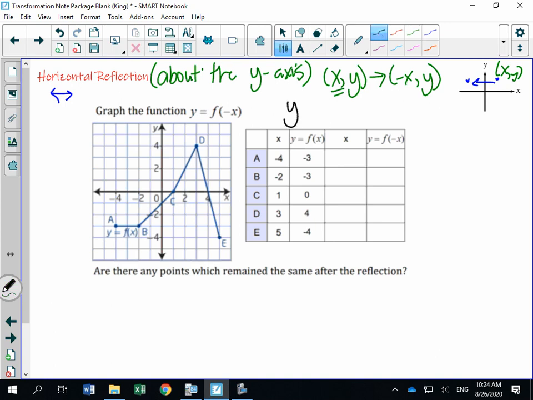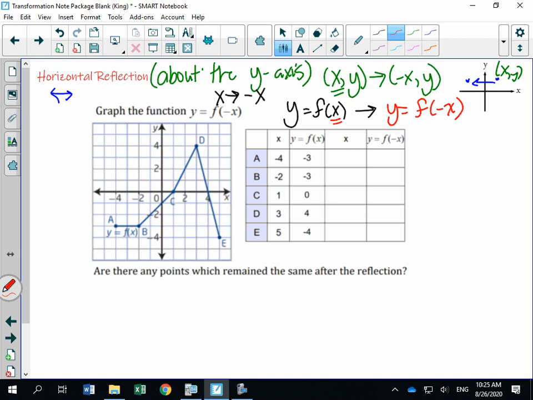So, the replacement notation, x is going to negative x, right? So let's draw our original function, which is y is equal to f of x. And the transformed function, once it undergoes a horizontal reflection, the x comes out and it becomes y is equal to f of negative x.